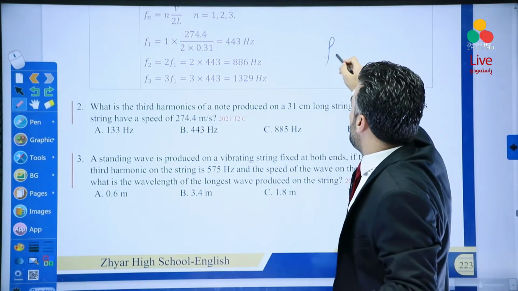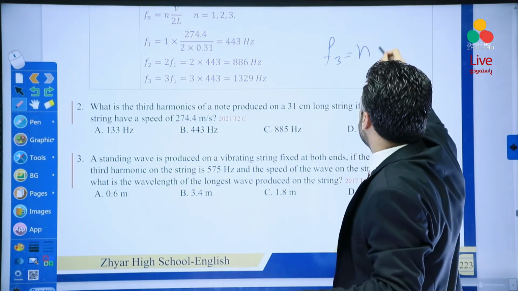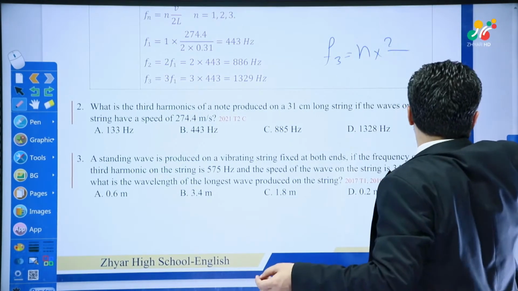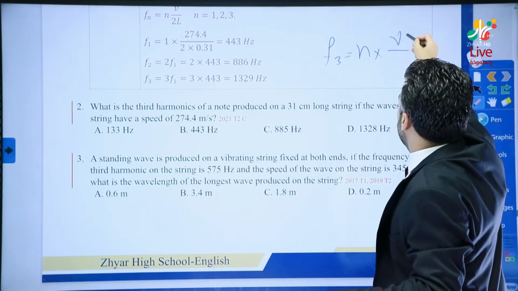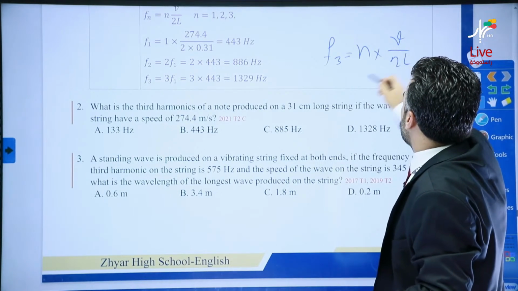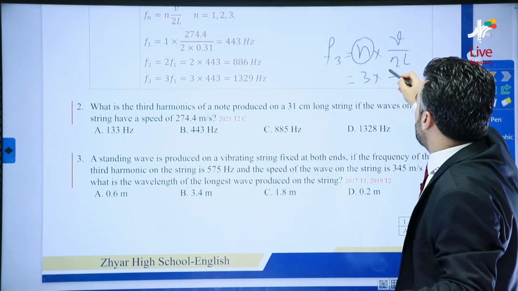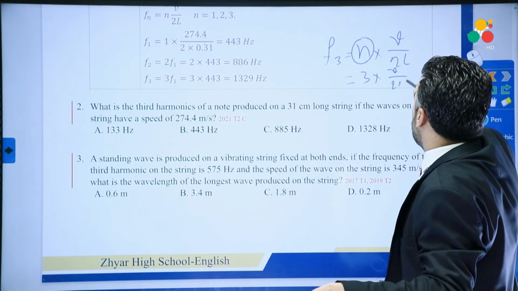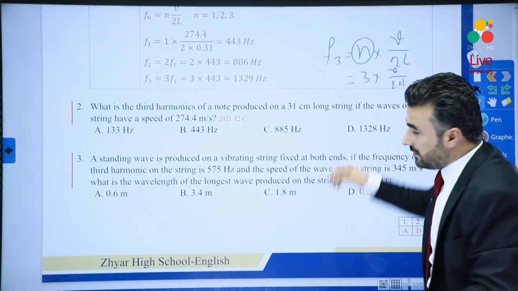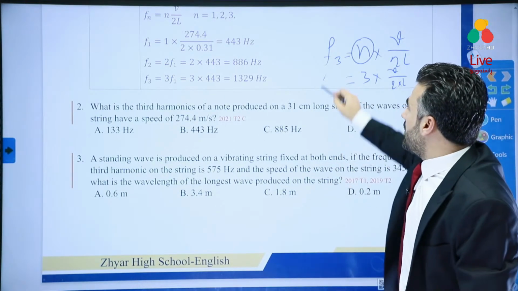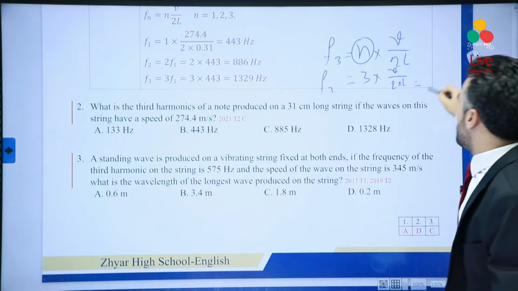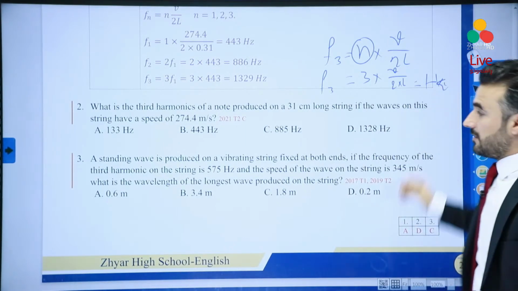So the third harmonic is going to be F3, which is n times v, that is the speed, over 2 times the length. Since it is the third harmonic, that is 3 times the speed. The length is given, but you have to convert into meters, and then of course you can find the third harmonic, and of course that is going to be in hertz. Very easy.